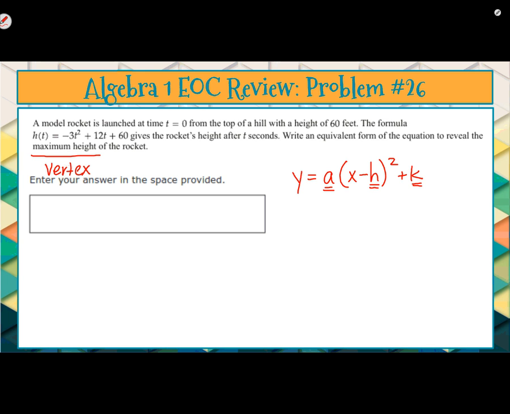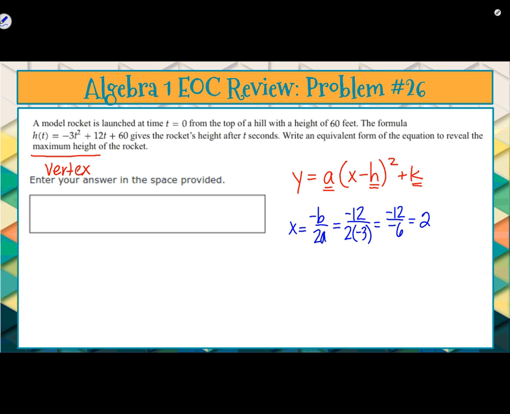So how do we find the vertex of a quadratic? Well, we start with negative b over 2a. Our b value is 12, so this is negative 12 over 2 times my a value, which is negative 3. That ends up being negative 12 over negative 6, which is 2. So the x part of my vertex is 2.